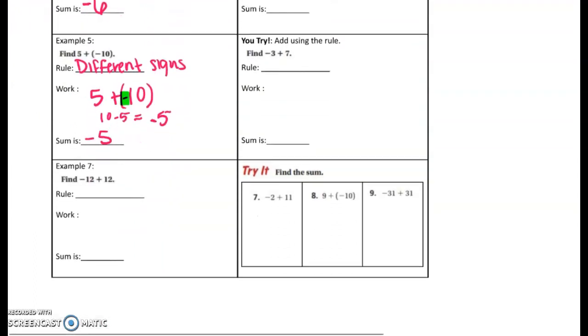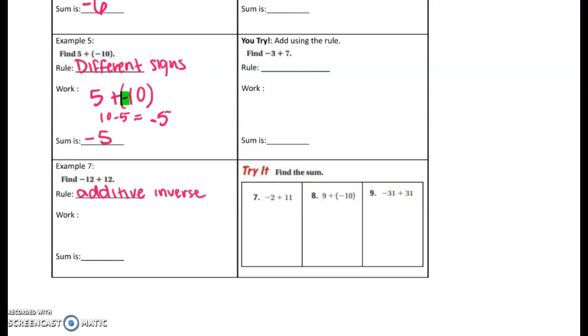All right, let's do example 7. -12 plus 12, so this is our additive inverse. We can also still use the different signs rule if we didn't know it was an additive inverse.